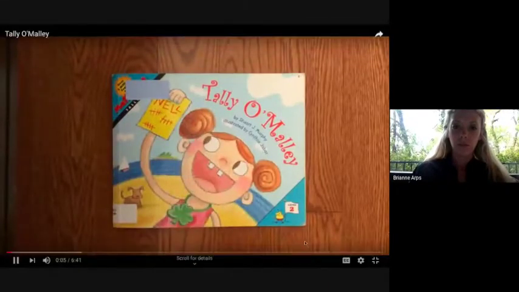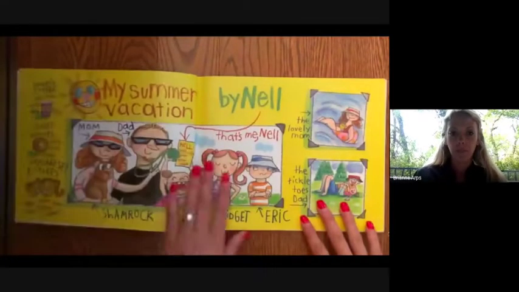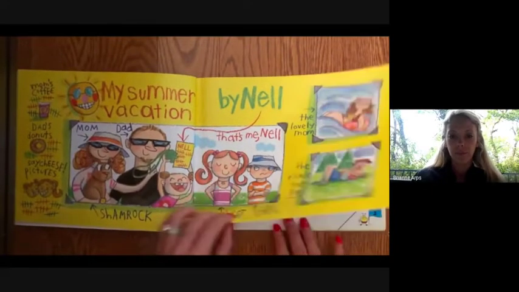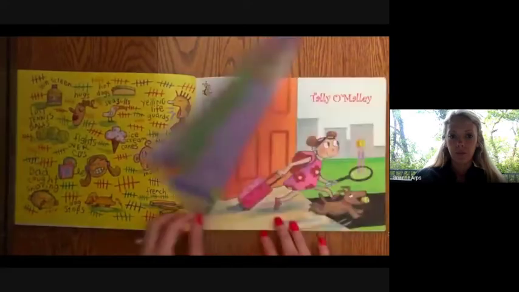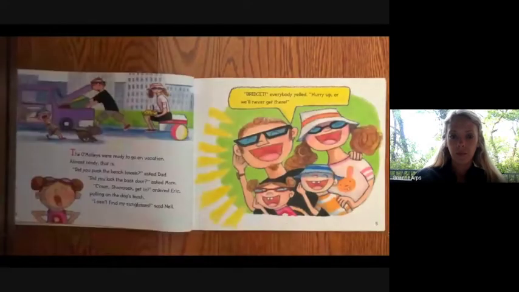Illustrated by Cynthia Jabbar. The O'Malleys were ready to go on vacation. Almost ready, that is. Did you pack the beach towels? Asked Dad. Did you lock the back door? Asked Mom. Come on, Shamrock, get in, ordered Eric, pulling on the dog's leash.